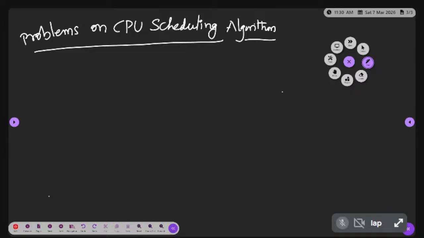In the problem, the process names are given and also burst time. There is a word burst time.